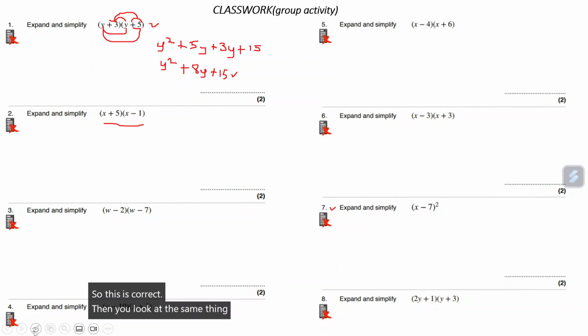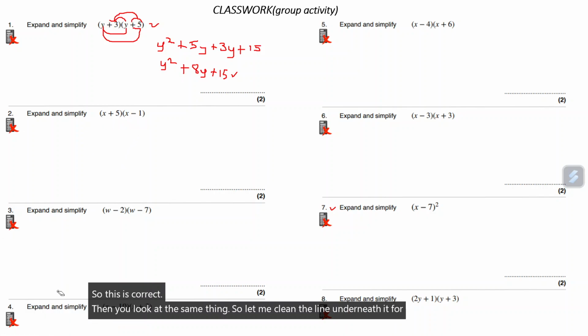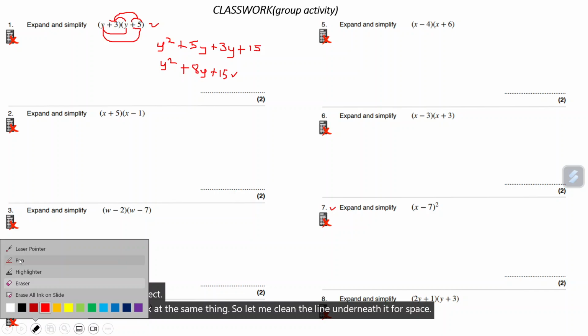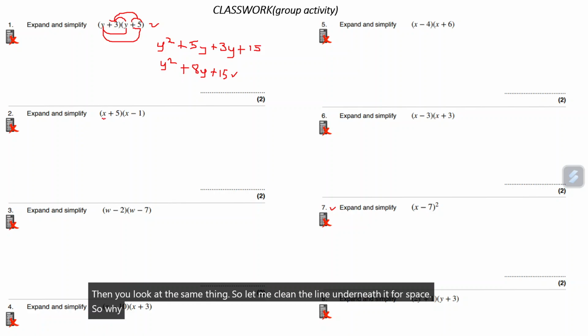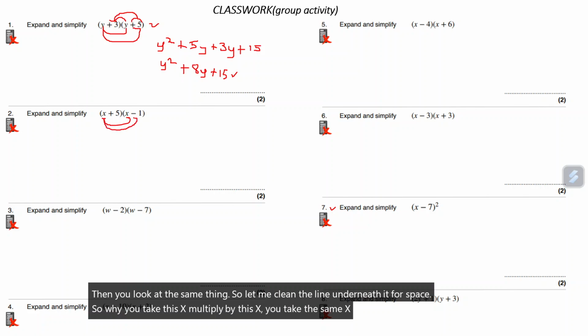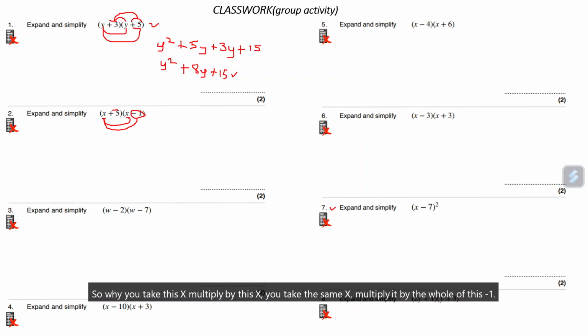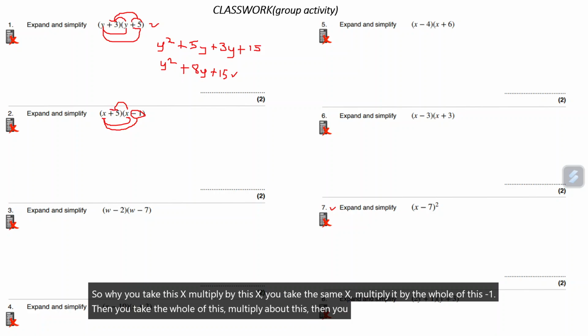So let me clean the line underneath it for space. So you take this x multiplied by this x. You take the same x multiplied by the whole of this, minus 1. Then you take the whole of this multiplied by this. Then you take the whole of this multiplied by this.